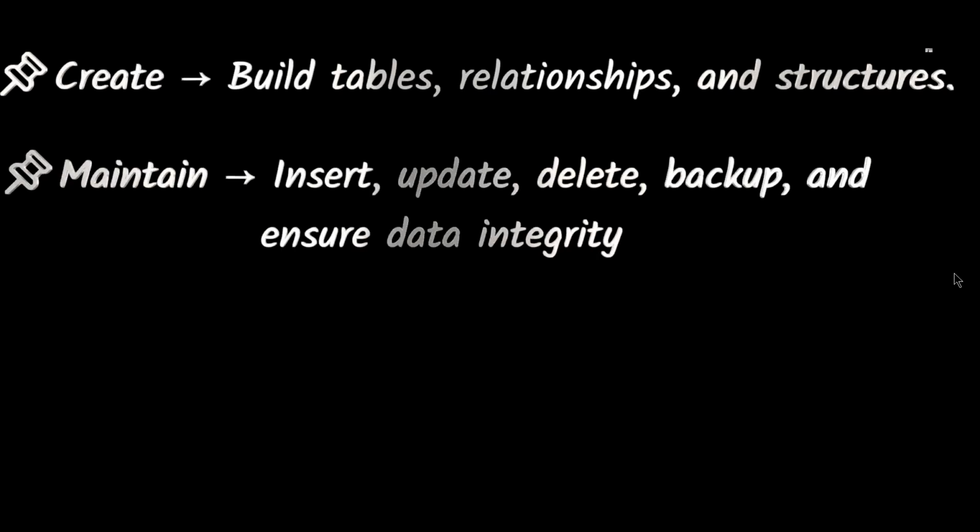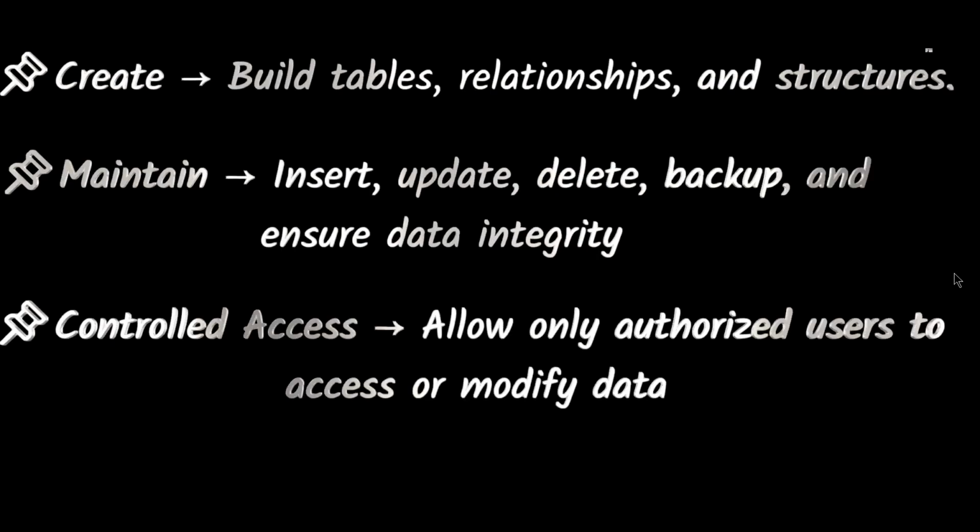When we say create, a relational database management system allows us to build tables, relationships, and structures, and even databases, by using this software. When we say maintain, we can insert, update, delete, back up, and ensure data integrity. All these functionalities are done using relational database management system software.